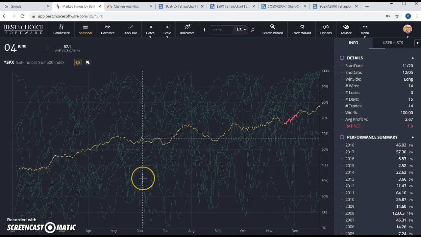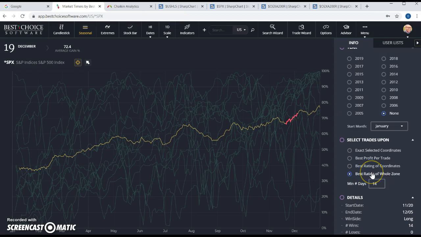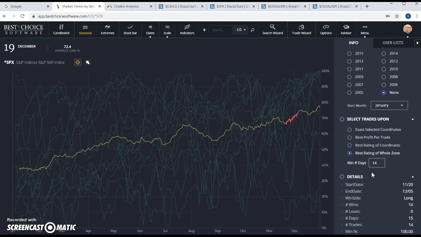So let's look at seasonality now on the general market, the S&P 500. And here's a chart of it. What I've done is I've set it up so that we can see what the best trade is using a minimum of 14 days per trade.